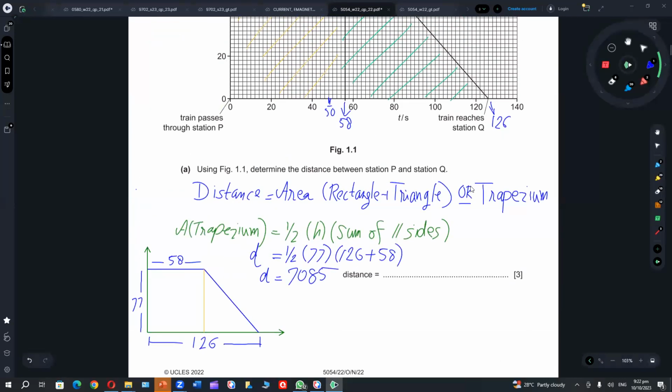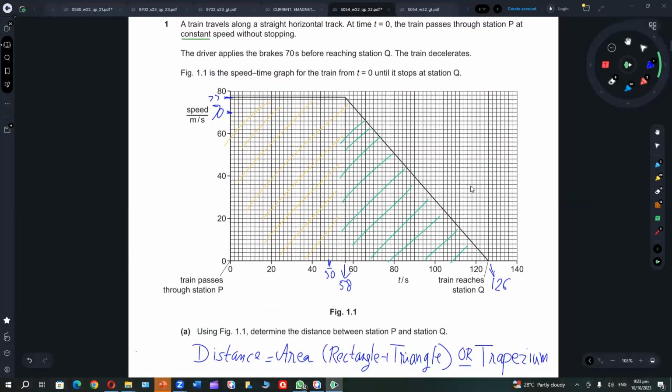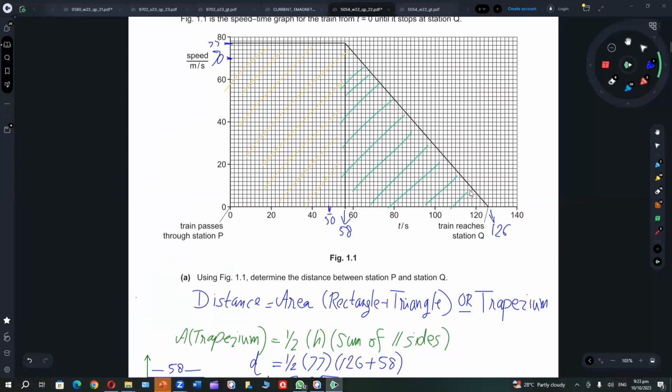We have to see that if I consider this triangle, I think then some, because it's not coming 70, they have to check this number. How much is 126 minus 58?